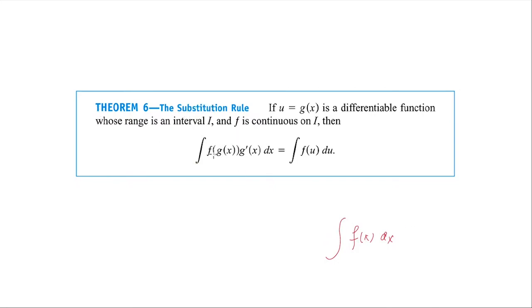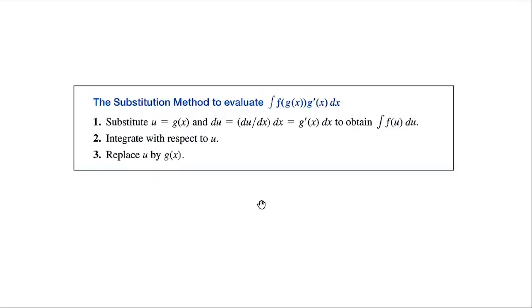Let's say you have a function that is a composition of two different functions, and there is a derivative of the inner function. Then you can always replace that inner function by u and change the problem like this. That idea of substitution helps us to solve the integration problem.